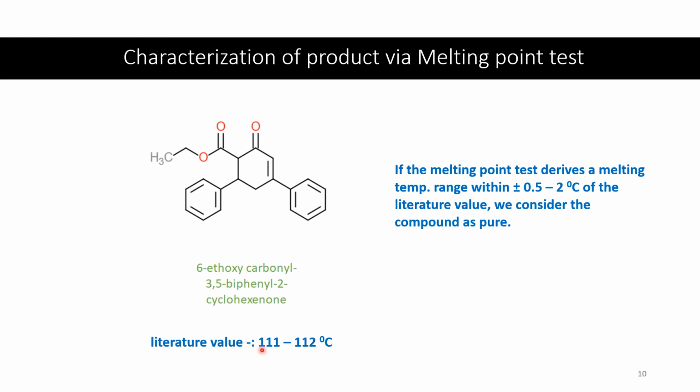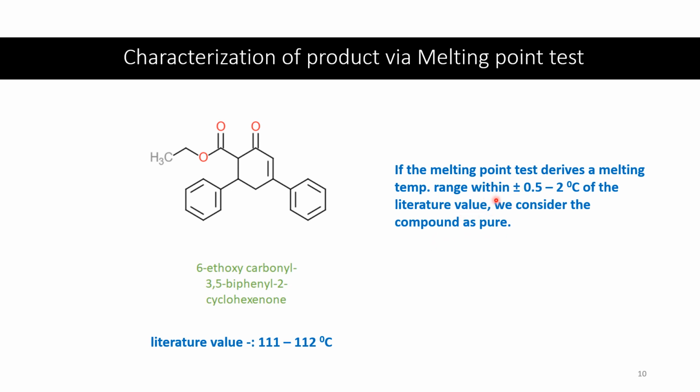The literature value of melting point temperature for this compound is from 111 to 112 Celsius. And if the melting point test derives a melting point temperature range within plus or minus 0.5 to 2 Celsius of this literature value, we can confirm that we obtained the correct product that we were expecting to prepare, and this compound is relatively pure.